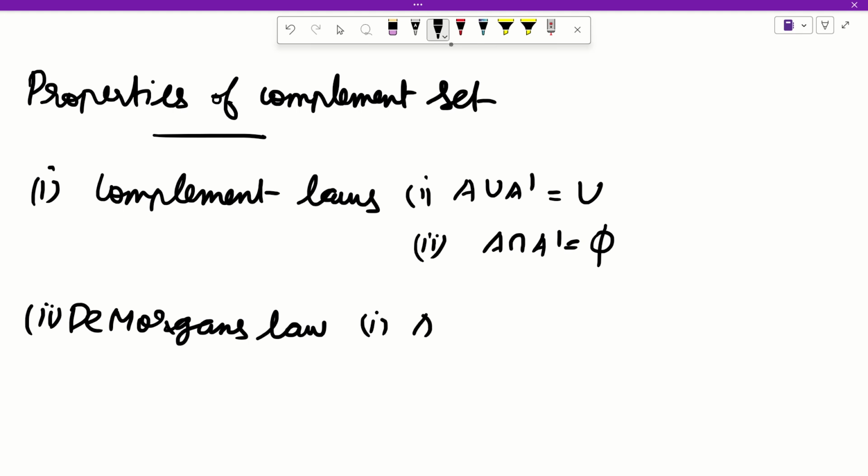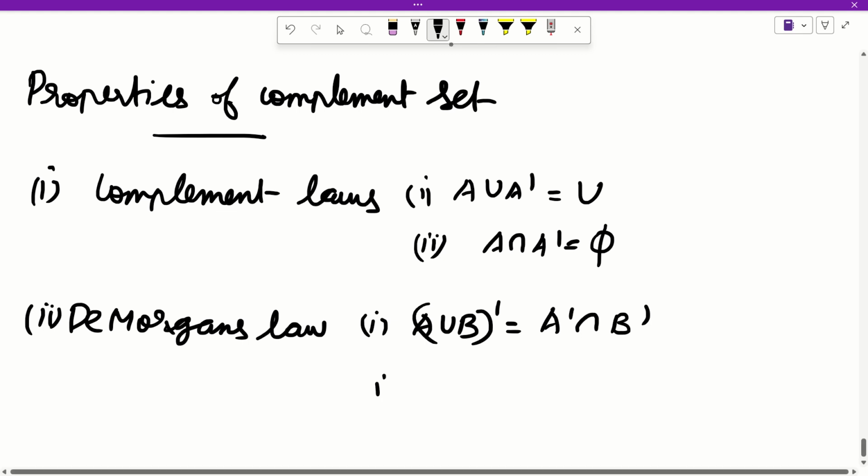The first formula is A union B the whole dash equal to A dash intersection B dash. The second one is A intersection B the whole dash is equal to A dash union B dash.